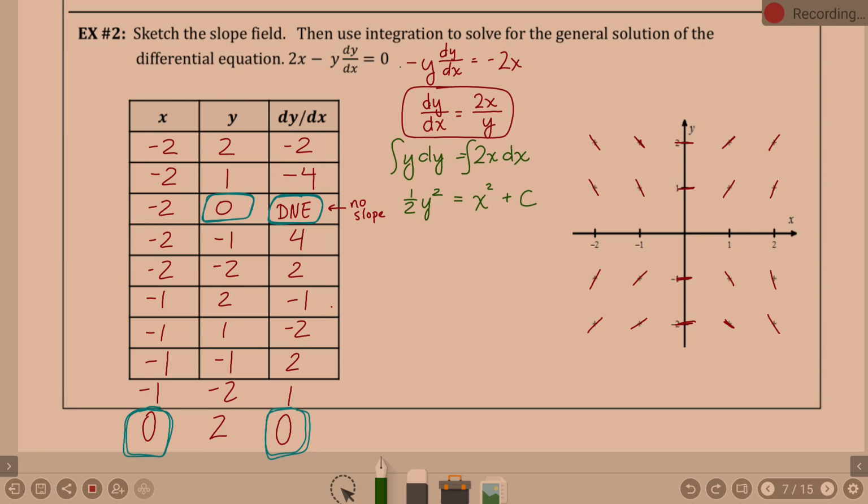Then if we multiply the 2 over, y squared equals 2x squared plus c. There are a couple different ways we can express it. Yes, we could square root it: y equals plus or minus the square root of 2x squared plus c.